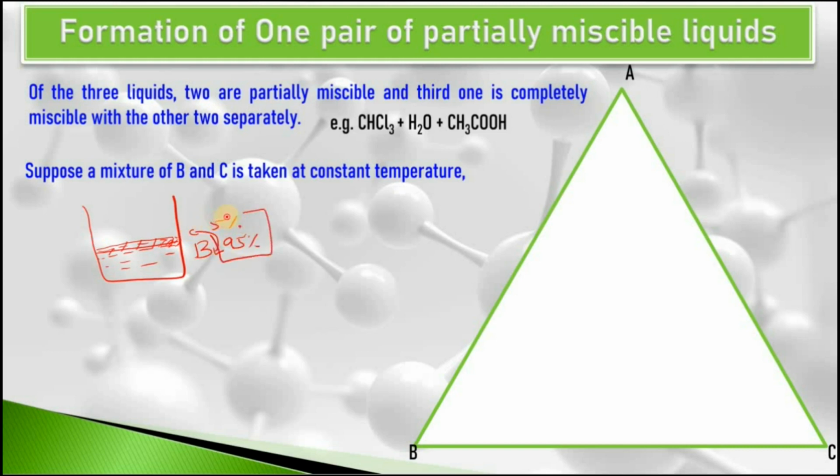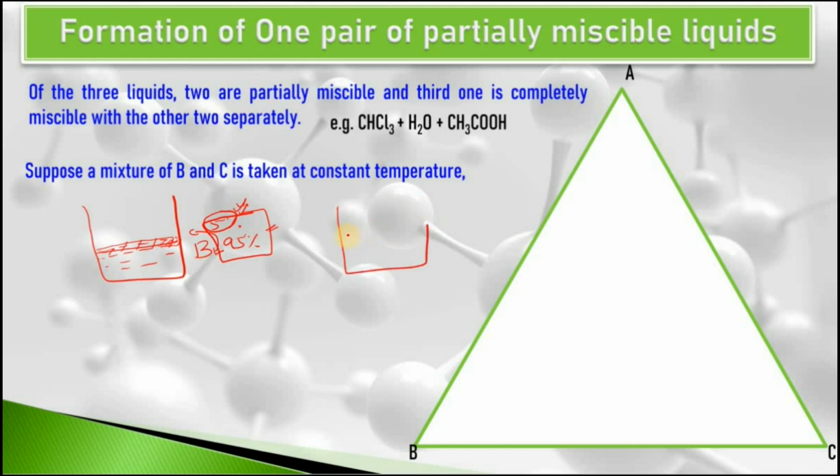At this composition, or where the percentage of C is 5 or less, it completely mixes with B. So at this composition, or a composition where C is below this percentage, it will form a conjugate solution.